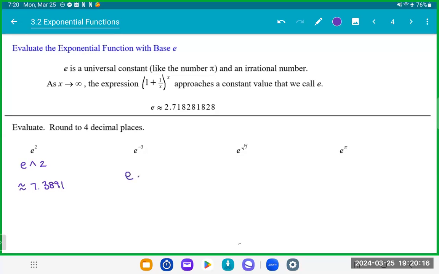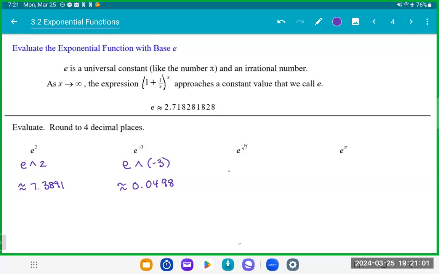So when you put E caret, maybe try putting parentheses around the -3. Or make sure everything is cleared out of your memory and it's not storing something else in there. Yeah, so you're going to get approximately 0.0498. Were you able to get that, Brandon? We want to make sure you're able to do that. Okay, perfect. Sometimes if something's still cached in the system, it might give you an error.